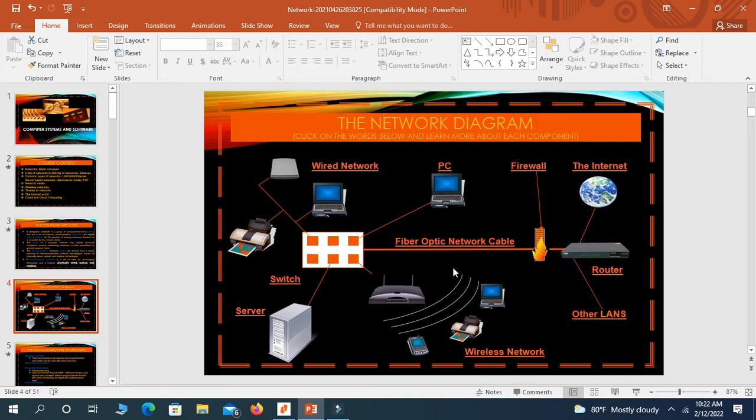Then there goes a fiber optic network line, and through this fiber optic network cable, our devices, say for example our PCs, wired networks, printers, servers, all of these things are getting connected. So this is how a network is connected internally. This is a network diagram. I think you might have seen it before. If not, I would suggest you to understand it.